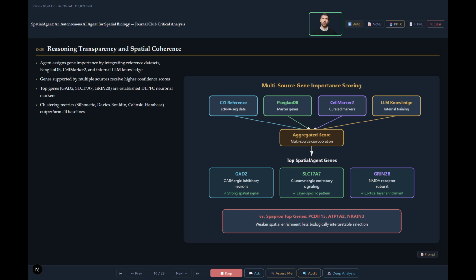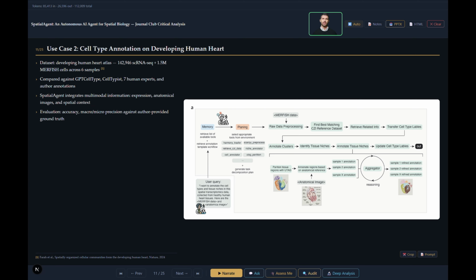In contrast, SpaPROS selected genes like PCDH15, ATP1A2, and NKAIN3, which show weaker spatial enrichment. The clustering metrics also favor SpatialAgent across all 4 measures. But here's a critical question. Is the agent genuinely reasoning about biology, or is it pattern matching from its training data on well-studied tissues like the DLPFC?